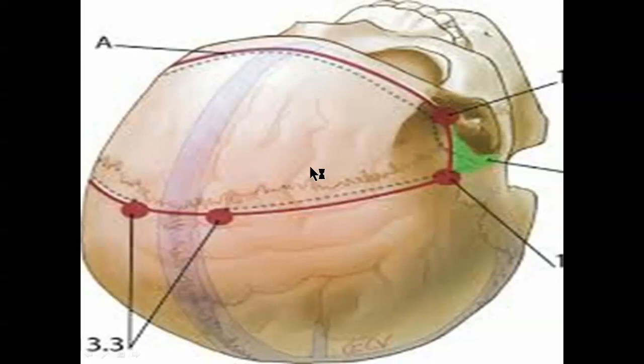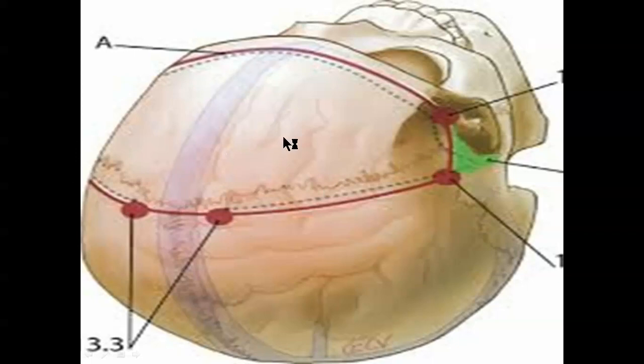For the burr holes, since the superior sagittal sinus is over here, our two burr holes are placed laterally to the superior sagittal sinus at around 3 centimeters bilaterally, one behind the coronal suture. Here we can see the coronal suture and the superior sagittal sinus. So our burr holes would be behind the coronal suture and lateral to the superior sagittal sinus bilaterally. And here we go superior to the orbital rim, and overall this constitutes our bifrontal craniotomy.